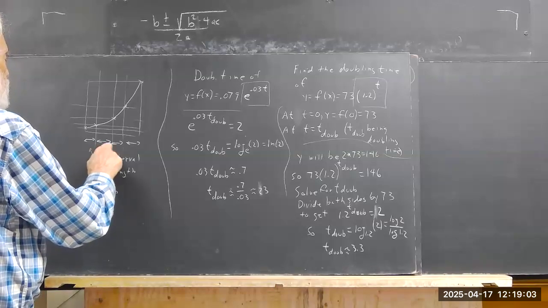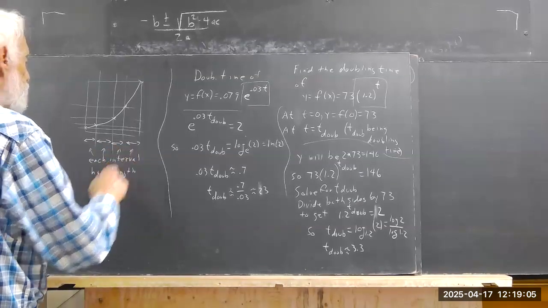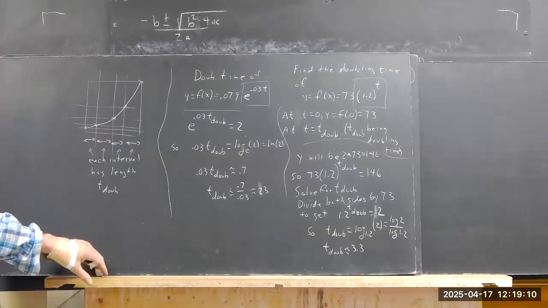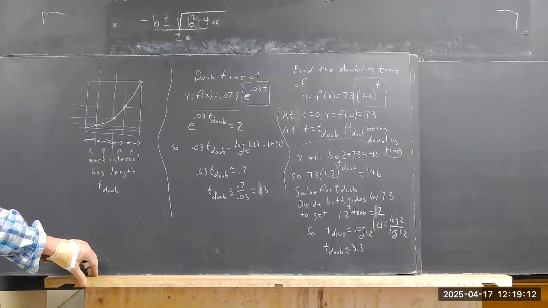The interval has length equal to the doubling time. That's obvious from the way this was constructed, and you want to be sure you understand that.